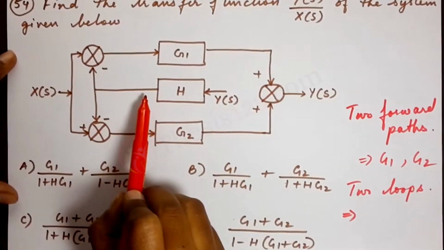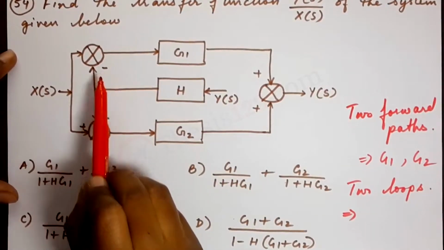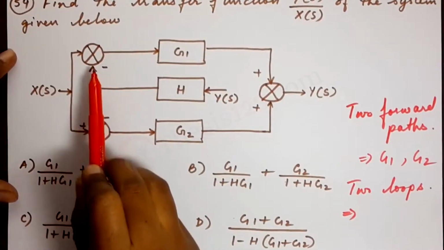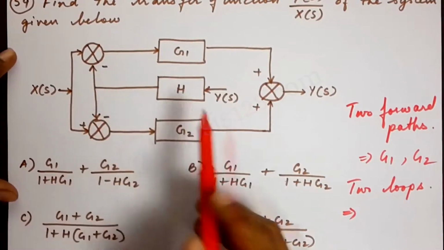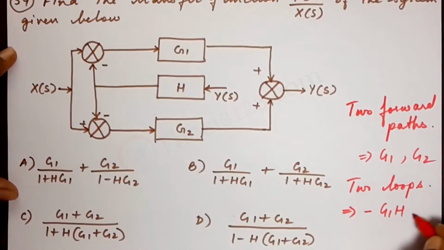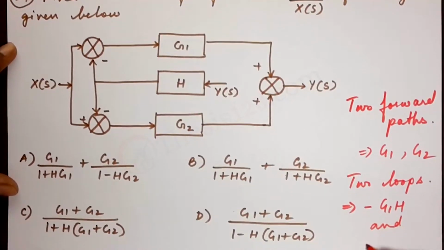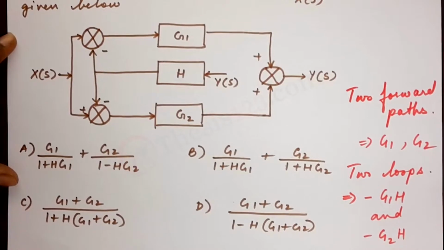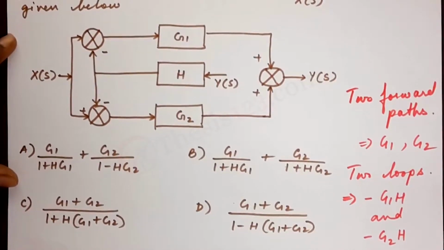Since we have a feedback of H, and there is a negative at the summation here, the loop gains would be minus G1H and minus G2H.